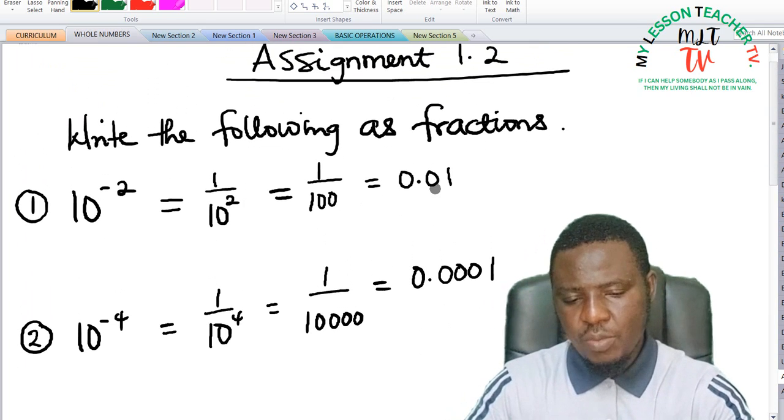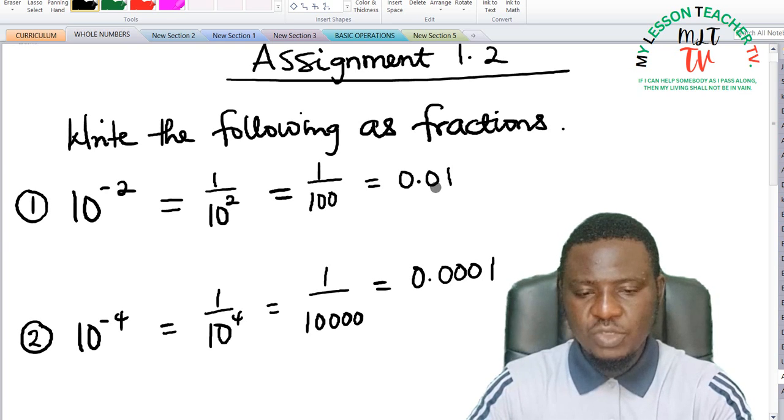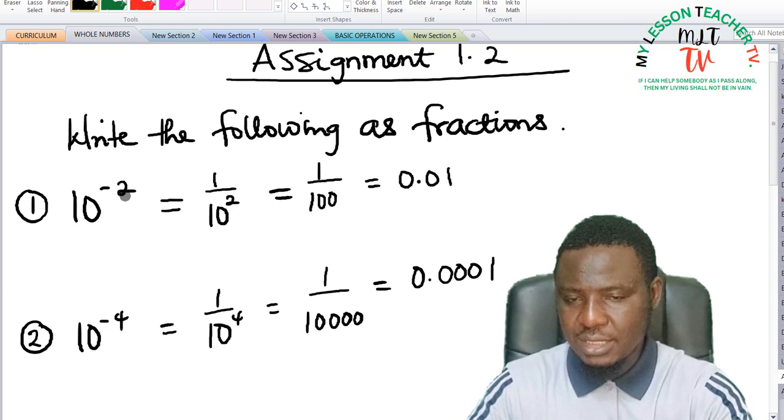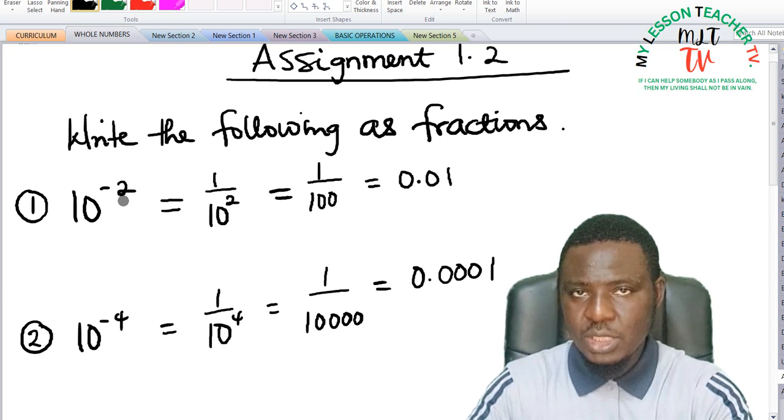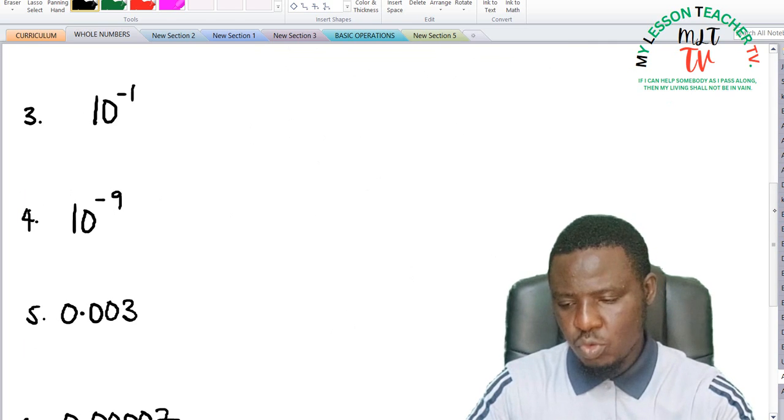Remember, the number of zeros is always 1 less than the power of 10. So in as much as we are having minus 2, the number of zeros is 1. But meanwhile, you are going to have 2 digits after the decimal point as it corresponds with the power of 10. Same thing with number 2.